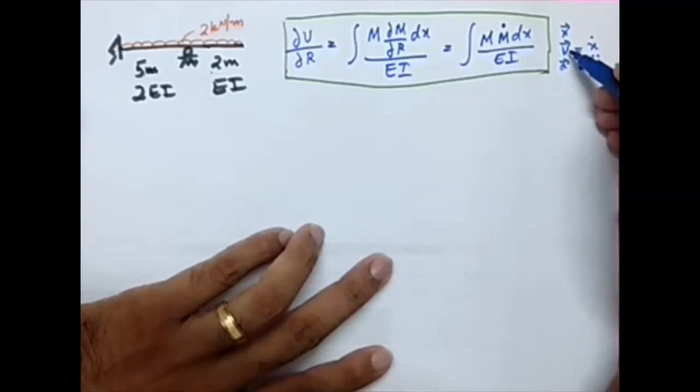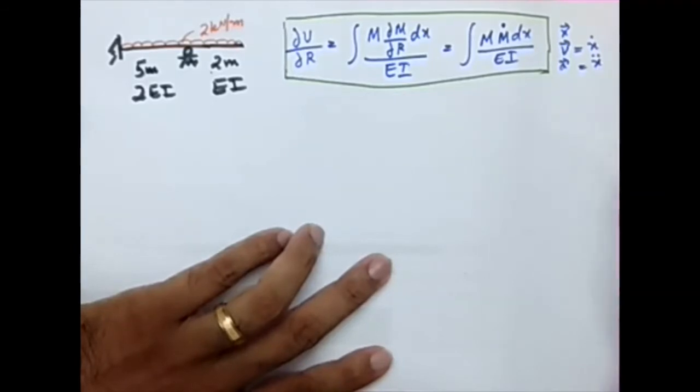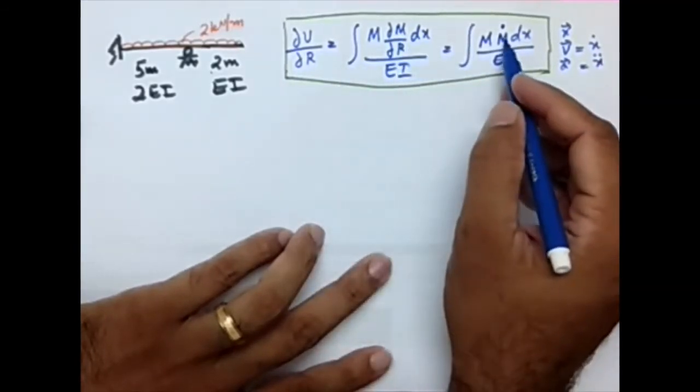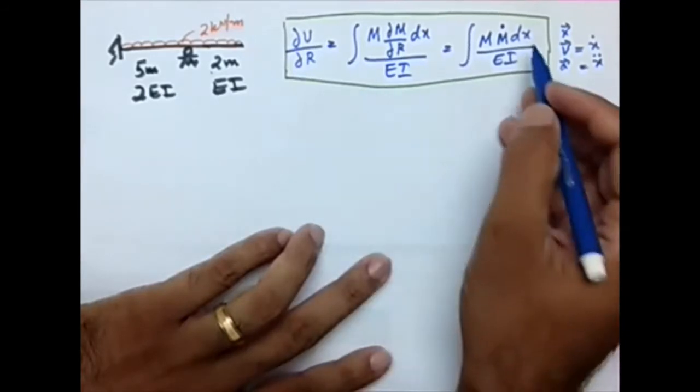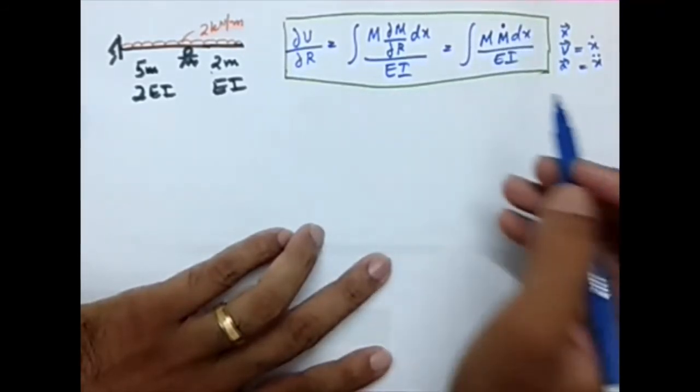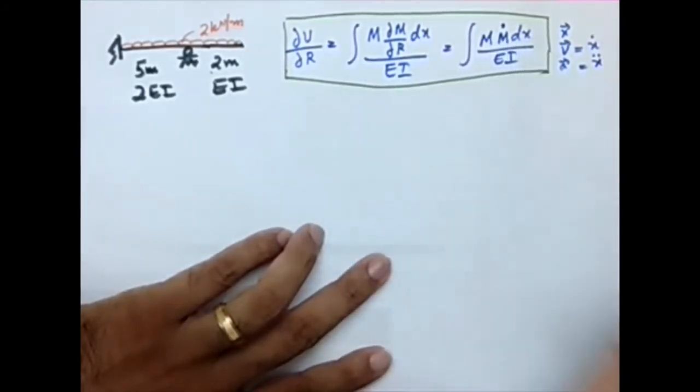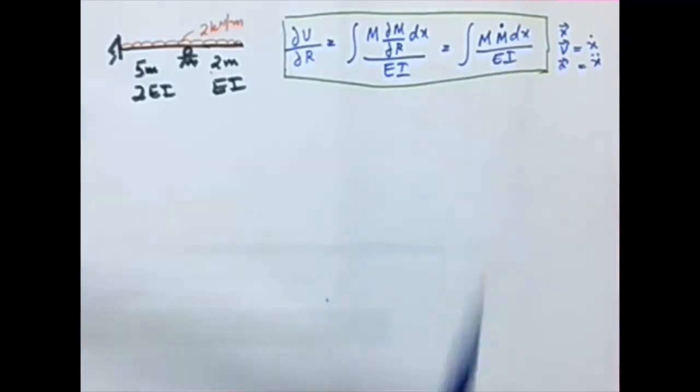That is, differential of displacement will give you velocity, and second differential of displacement will give us acceleration. This is one type of notation. x dot means the first differential, x double dot means second differential. Similarly, this is the first differential, so even if we call it M dot, that is fine. That is for convenience we are writing it like this. This equation can be rewritten in this format. You should not get it confused with small m. If you are using small m here, it becomes the unit load method.